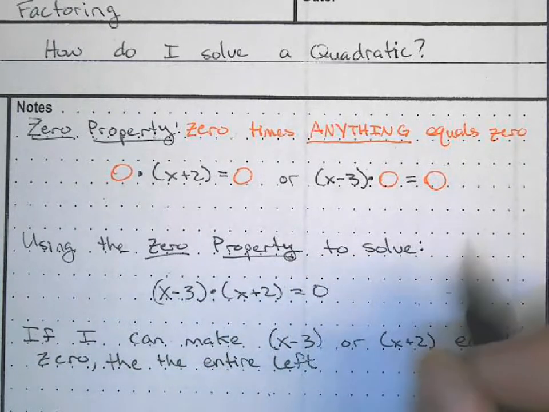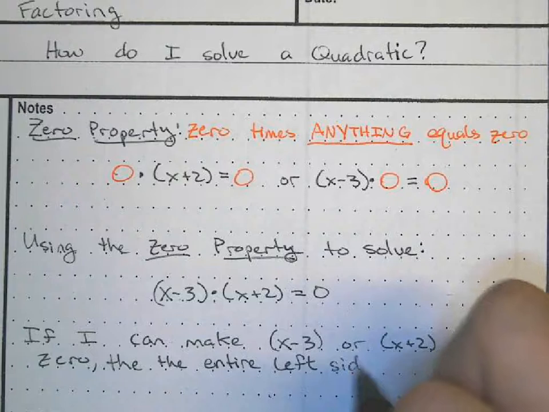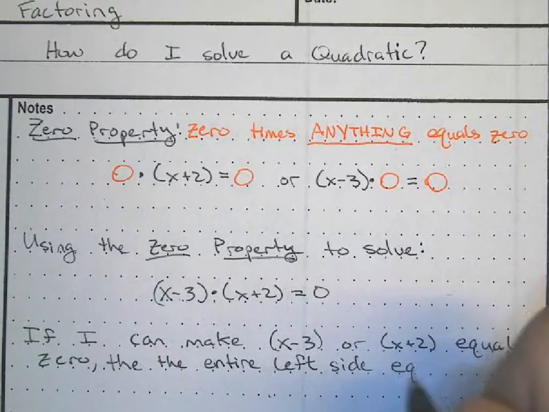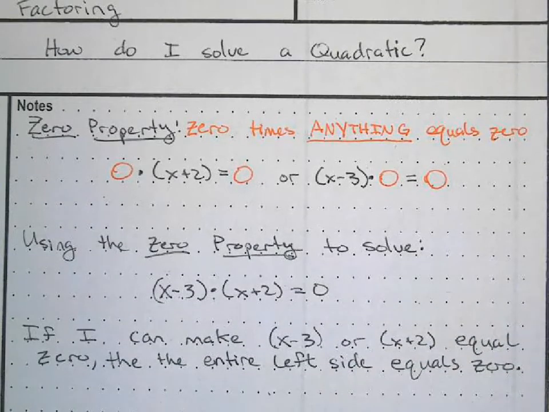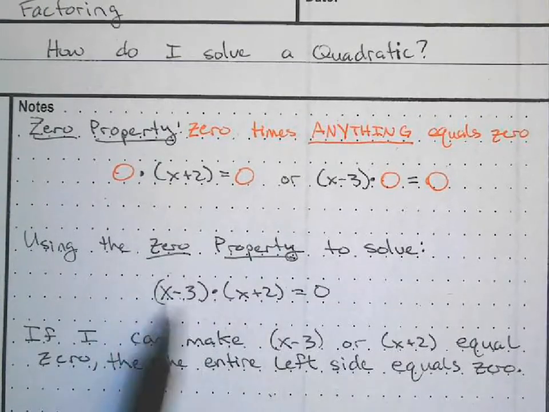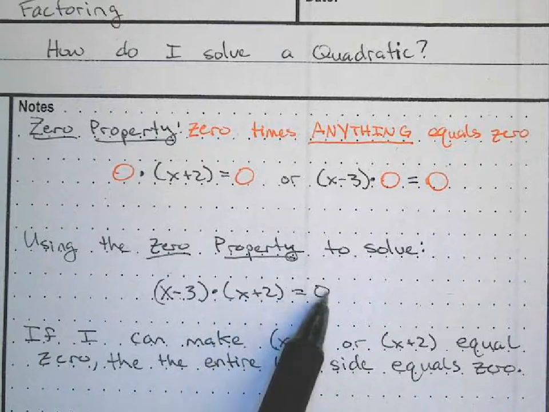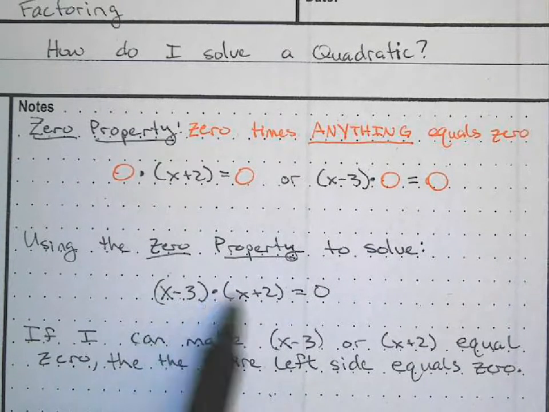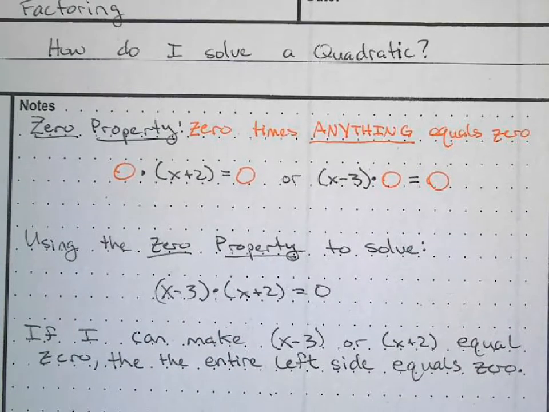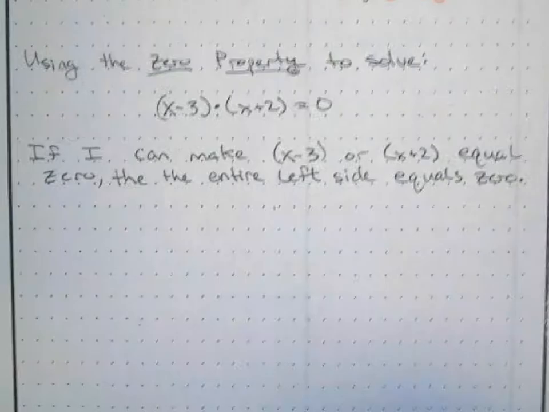Then the entire left side equals 0. So if I can make this equal 0, 0 times x plus 2 would equal 0. If I can make x plus 2 equal 0, then I have x minus 3 times 0 equals 0. So that's going to be our goal.